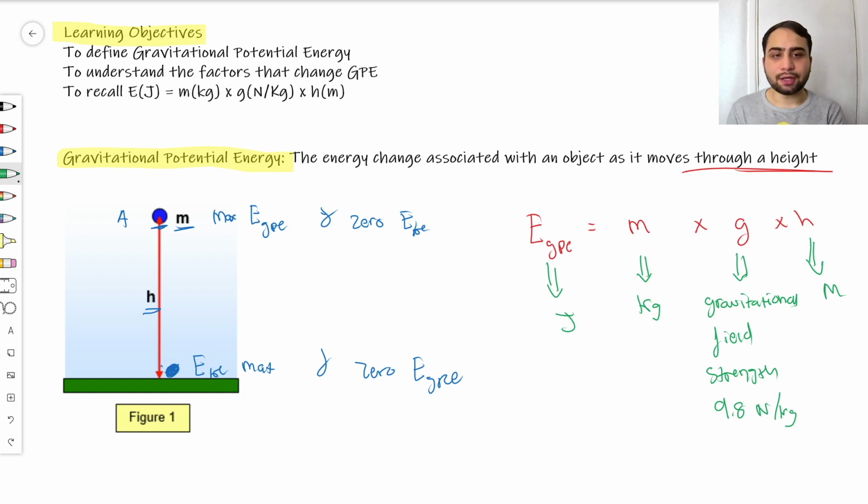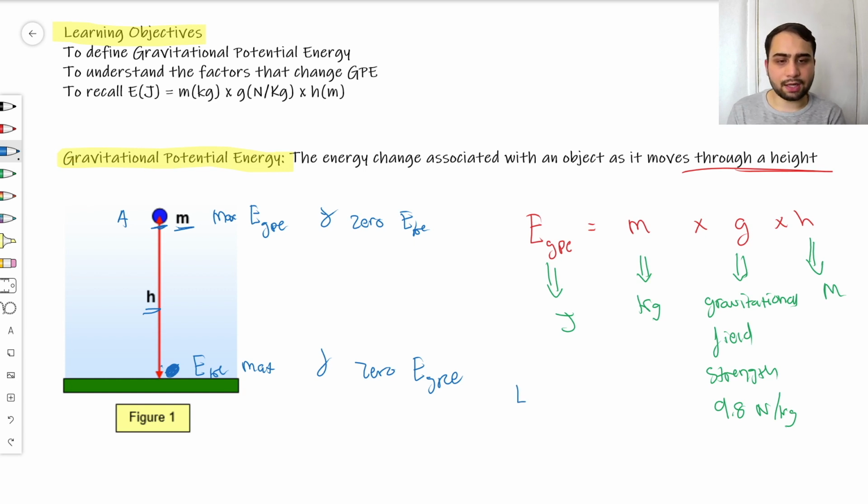Okay, so now let's have a look at the factors that can affect gravitational potential energy. Actually, we have three features here: mass, gravitational field strength, and height, because none of them are really constant.